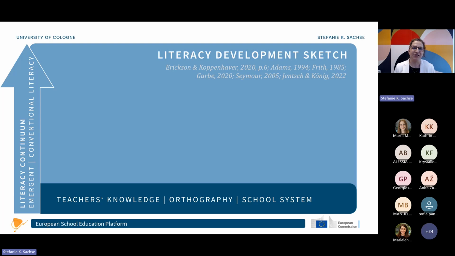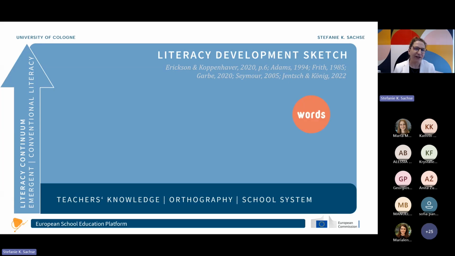So now back to the question, what do you focus on? When I went to university in Germany to get my teacher education, German is a very transparent language. That means that the letter-sound correspondences are rather regular, so it's rather easy compared to English to learn to read and write words.